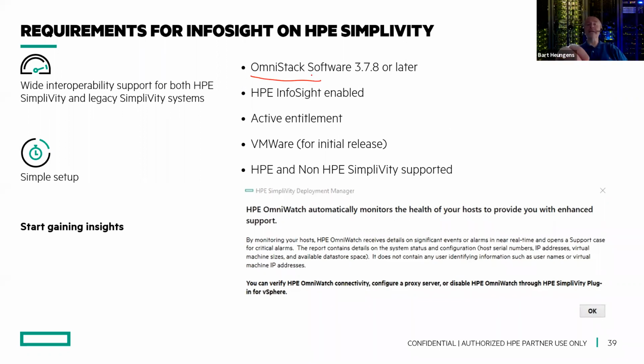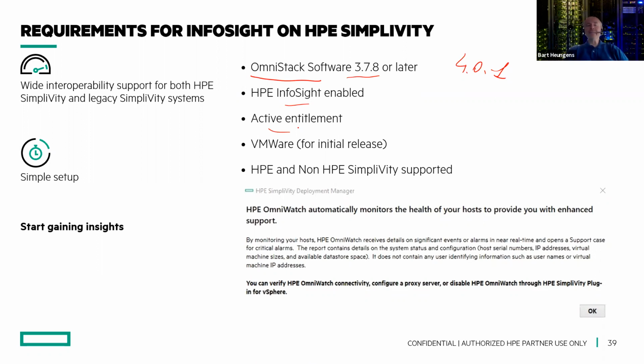By the way, OmniStack is the legacy name of the SimpliVity software. You need 3.7.8 or later. FYI, the latest version is already 4.0.1. Of course, you need to have an account with InfoSight, and you need an active entitlement. You need a support contract, but that is by default when you buy SimpliVity anyway.